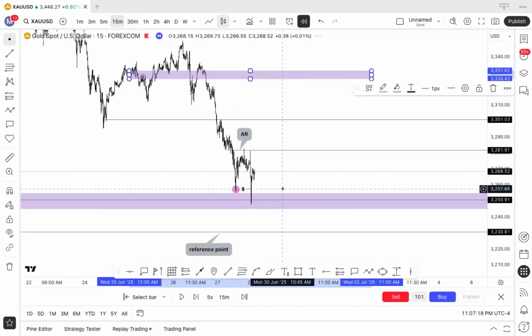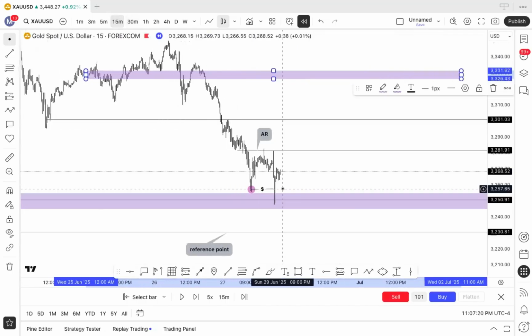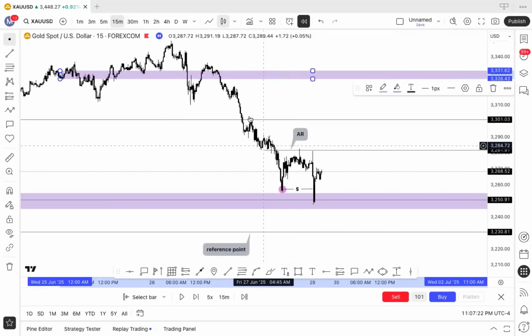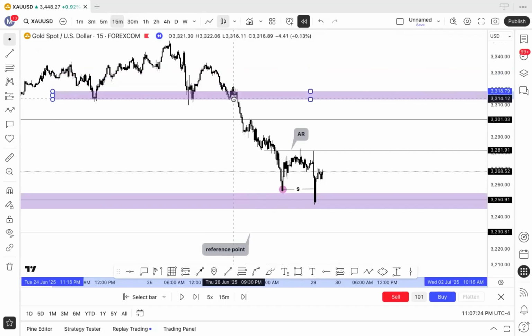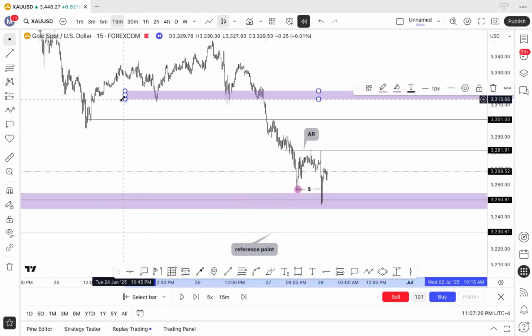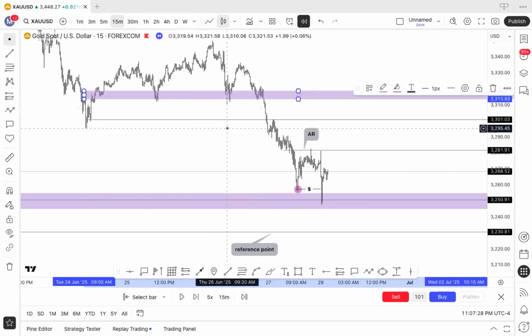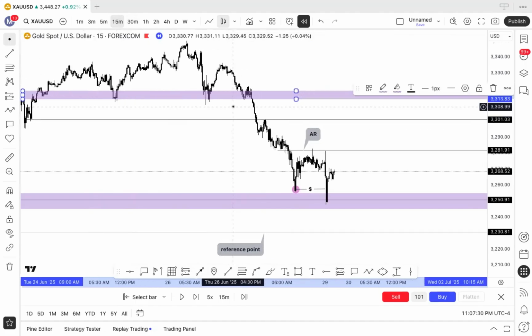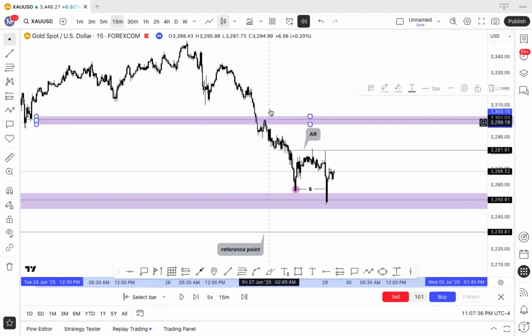Now I'm going to go up back onto the 15. And I'm going to ask myself, do I like this? No, I do not. I'm going to move this even lower. Guys, this is still valid. You can still do it like this. Because why? Because at the end of the day, guys, you are going based off of what? Market structure.